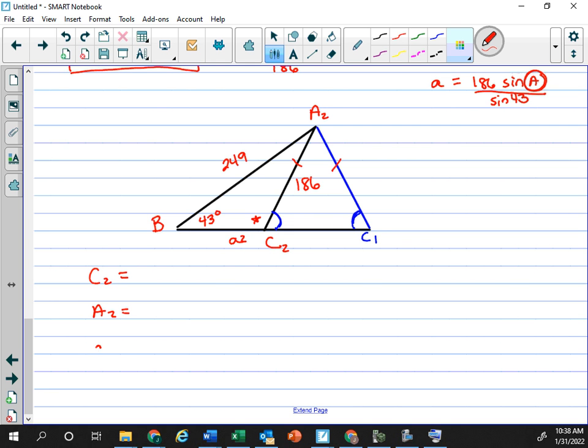A2, A2. To find C2, you're just going to do 180 minus C1. And we stored C1, right? So let me go back.